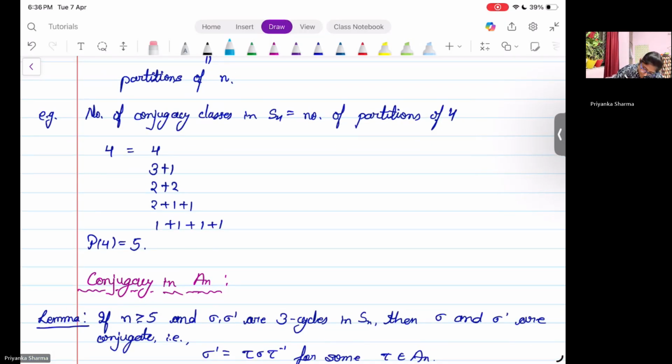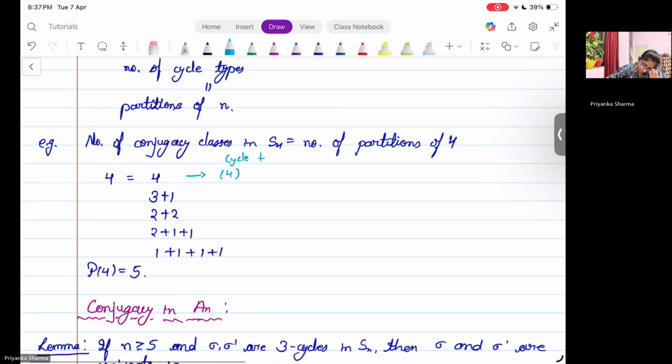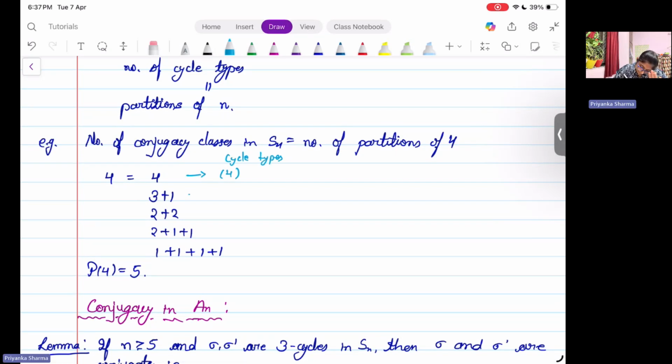So this partition will represent the cycle type, this 4. Note that here this 4 is not the permutation. This is a cycle type. Write it. And for this 3, here we will have 1 comma 3, because we will write the least first. And this, 2 comma 2, no problem.